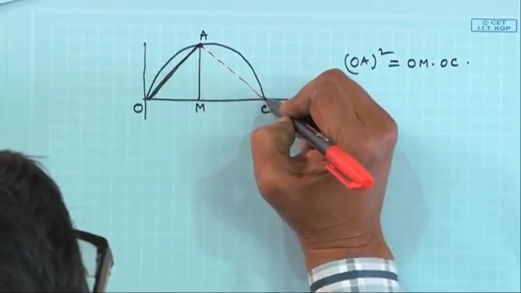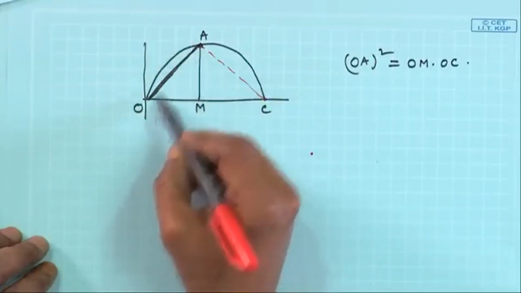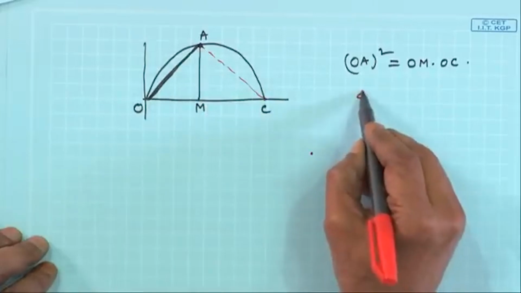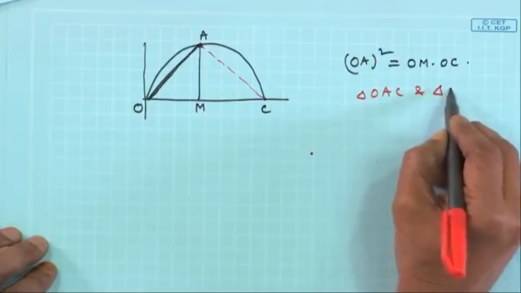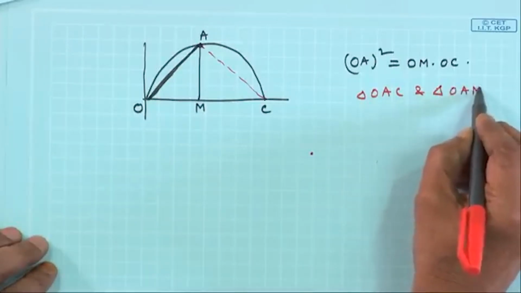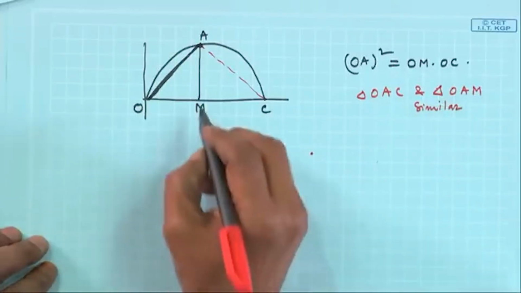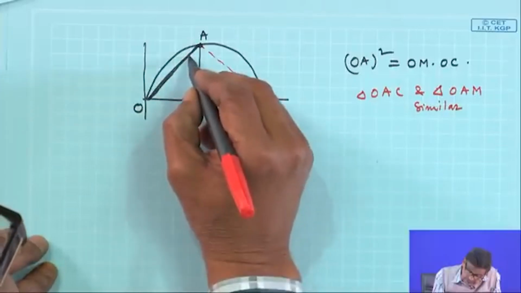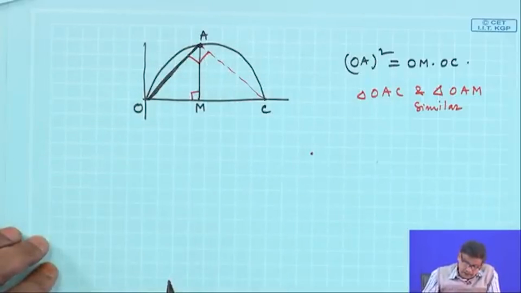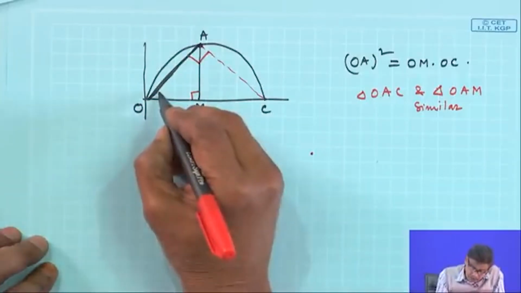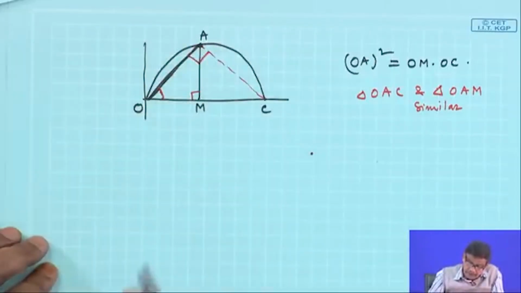Suppose you join these 2 points, then this big triangle OAC and this small triangle OAM are similar, because this is 90 degrees and this is a common angle in both of them.